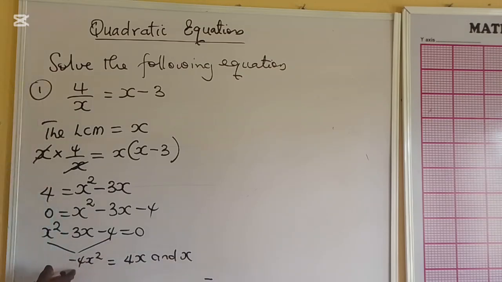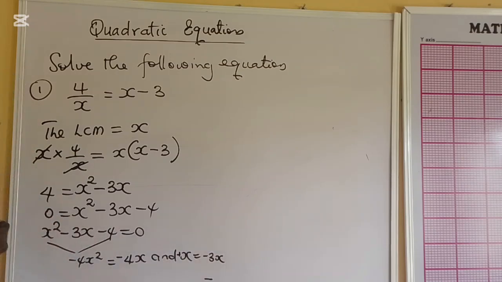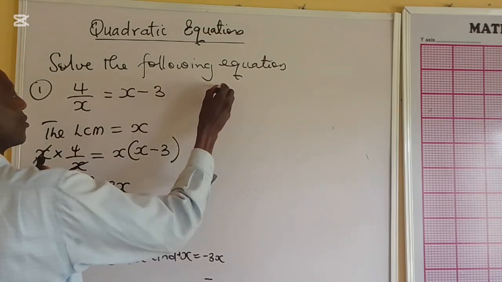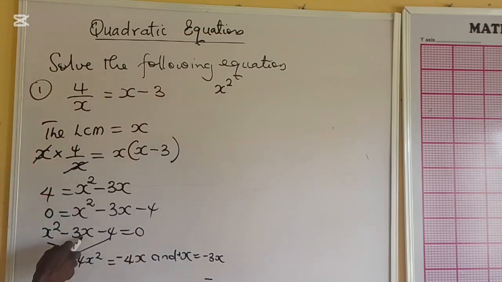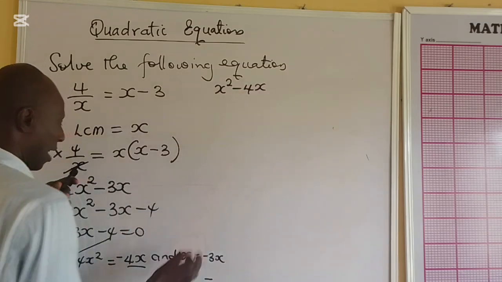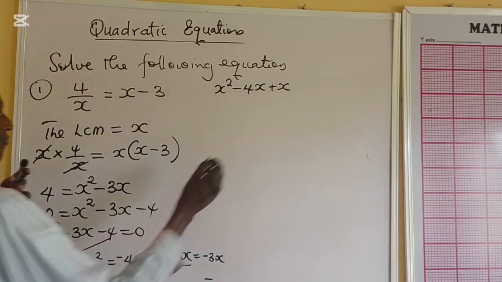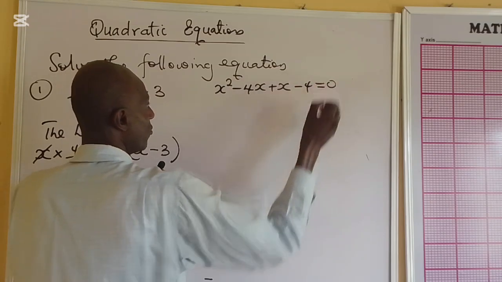When I put minus 4x times plus x, it gives us this, and when you say minus 4x plus x, it gives us minus 3x. So therefore, x squared, in place of minus 3x, I'm putting minus 4x and plus x. Then minus 4 is equal to 0.